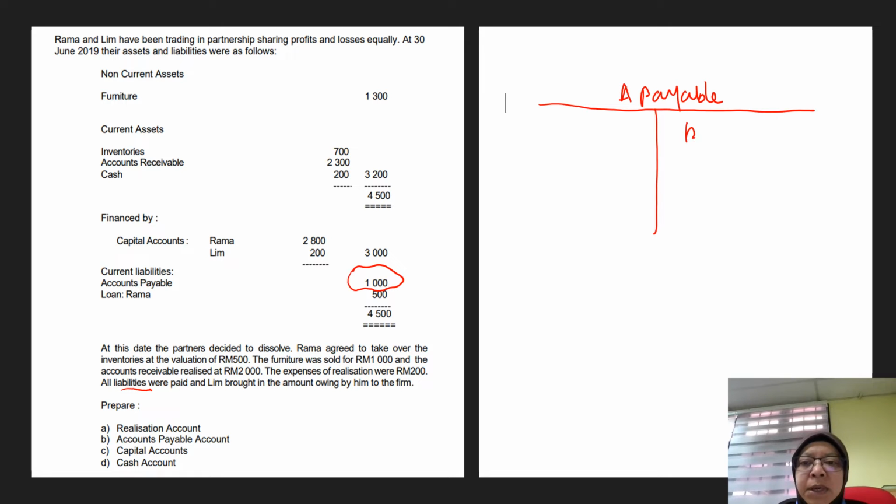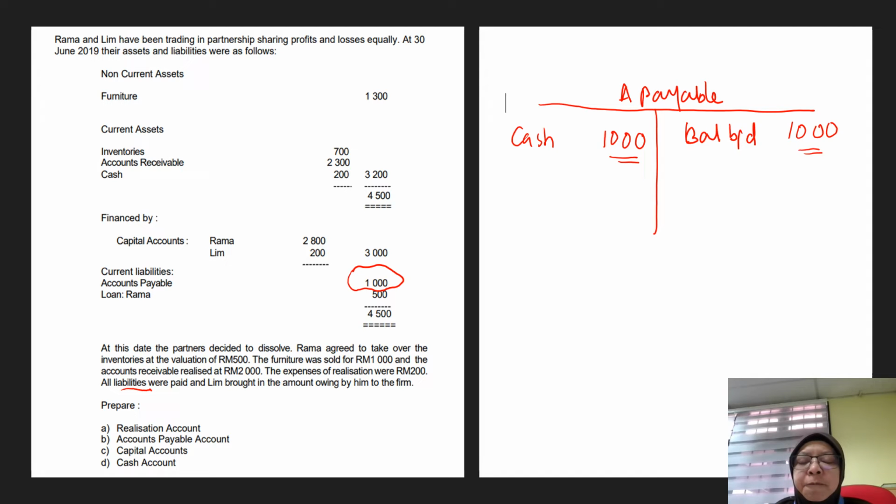This is a liability, so the opening balance is on the credit side, 1,000. We expect that all the liabilities were paid, which means cash or bank will be on the debit side. Here we can see that they have paid the payable in full.